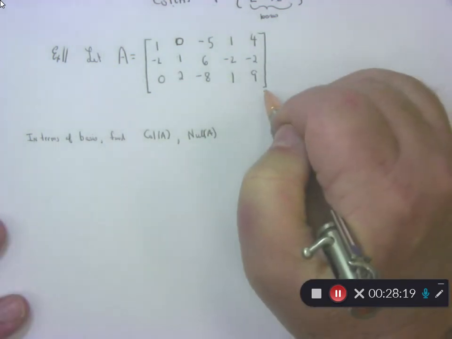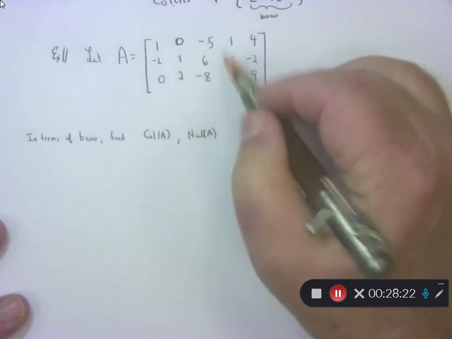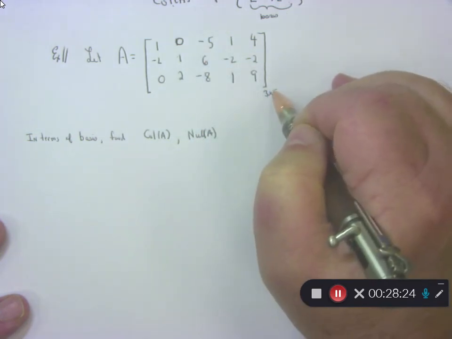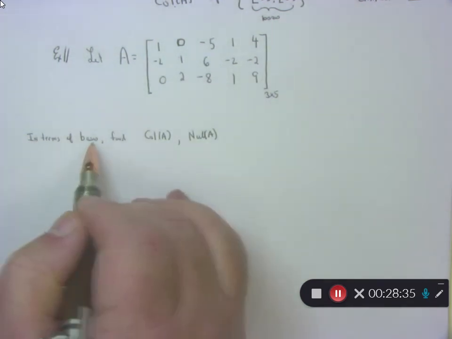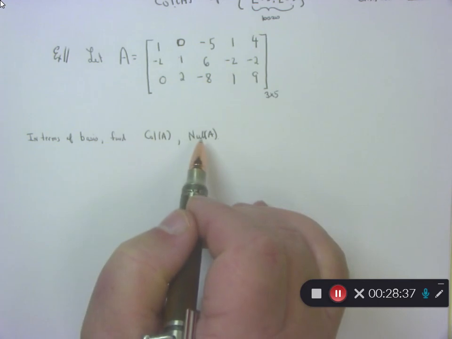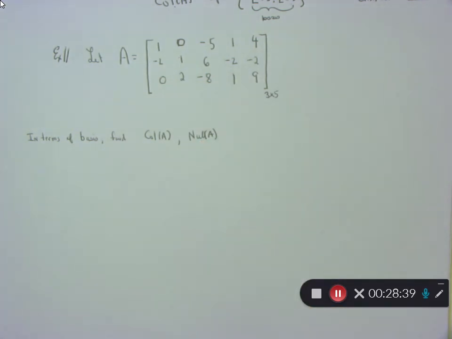I'll help you out. It's 3 by, what's the rest of it? 5, okay, 3 by 5. Does that make sense? Okay. I want you to find a basis, in terms of a basis, that's the key phrase. In terms of a basis, I want you to find the column space and the null space of A.